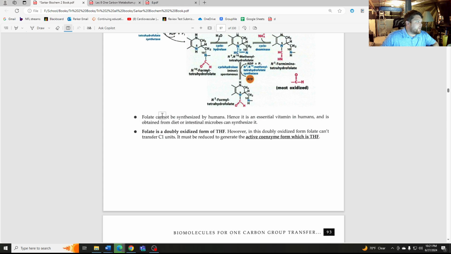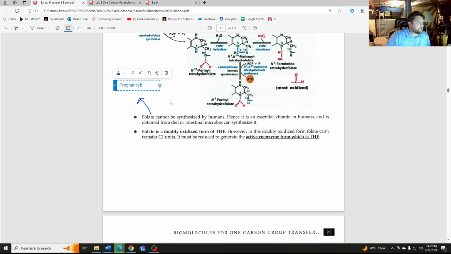So folate cannot be synthesized by humans. If anybody knows somebody who's been pregnant, they know folic acid, B9 vitamins are super big with pregnancy because we cannot make them ourselves. Our body cannot make this vitamin itself. So we need it when we're growing a new human because it's essential.